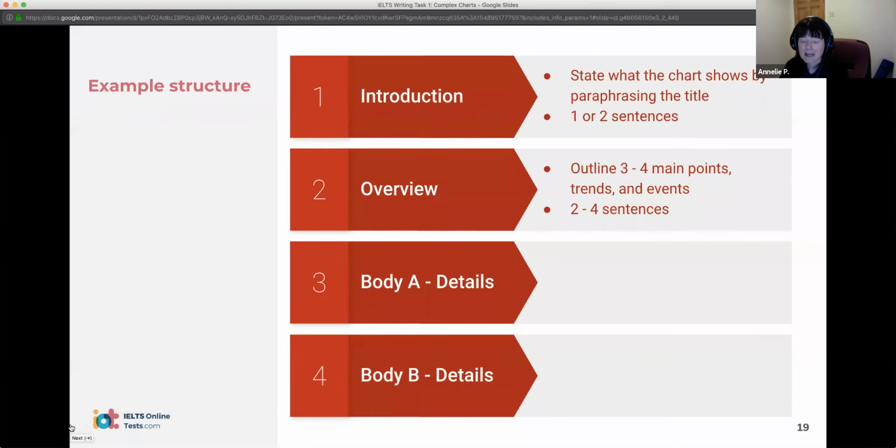We're looking at main trends, we're looking at the overall ideas, so don't put any exact figures into the overview, okay? Doesn't matter whether it comes after or at the end, as long as it's clear, as long as it's in an individual paragraph, okay? We'll look at the overview a little bit more in a minute.